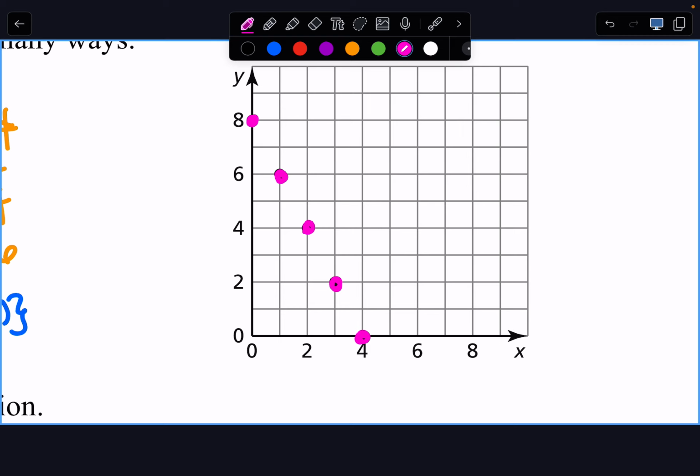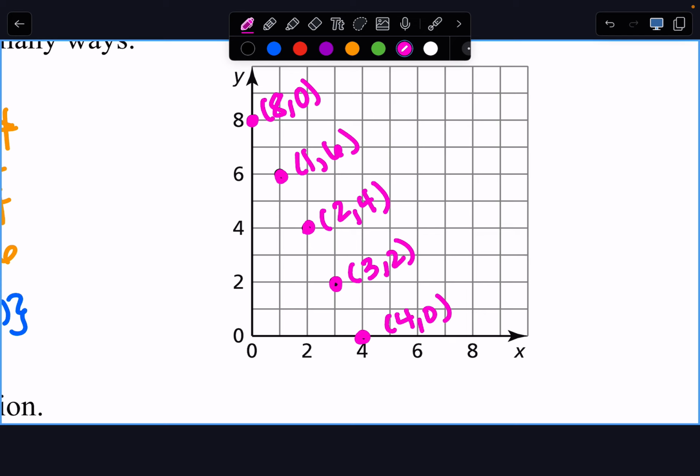Okay, so here I have the coordinate 4, 0, right? Here I have the coordinate 3, 2. This is the coordinate 2, 4. This is the coordinate 1, 6. And this is the coordinate 8, 0. Okay, do any of those x's basically happen where, like, this x is 3 and its y value is 2.